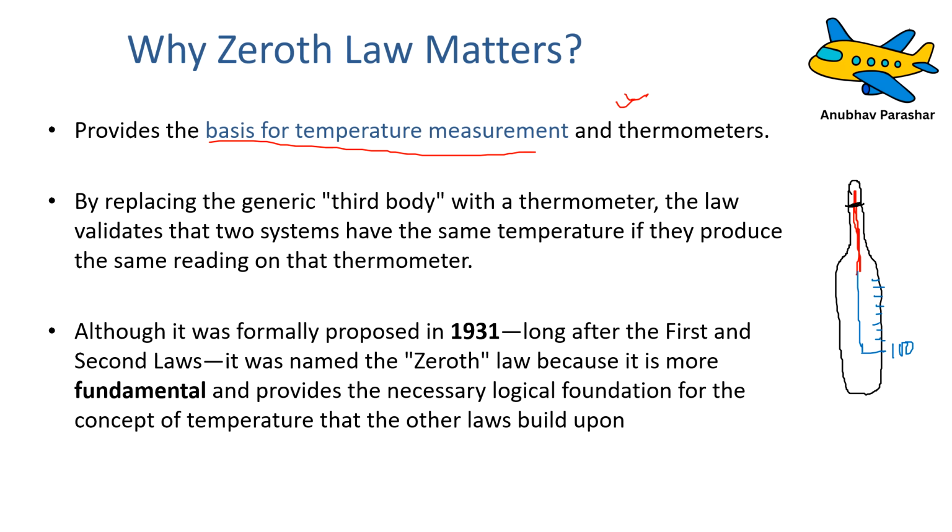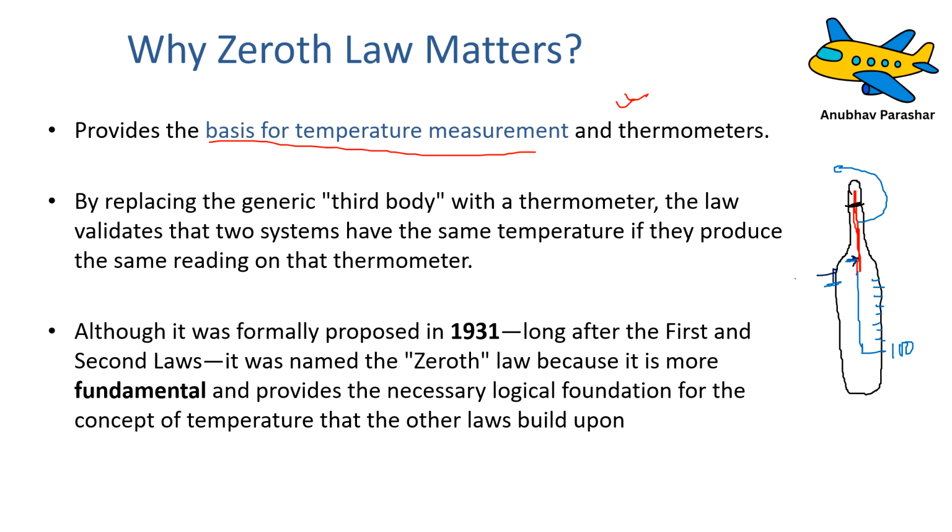Now try to understand this. When I take the mercury thermometer in my mouth, because of the zeroth law, I can say that the glass, which the thermometer is made of, comes in thermal equilibrium with my body temperature. Then the glass is in thermal equilibrium with the mercury. By the zeroth law of thermodynamics, if I am in thermal equilibrium with the glass, and the glass is in thermal equilibrium with the mercury, then the mercury must be in thermal equilibrium with me.